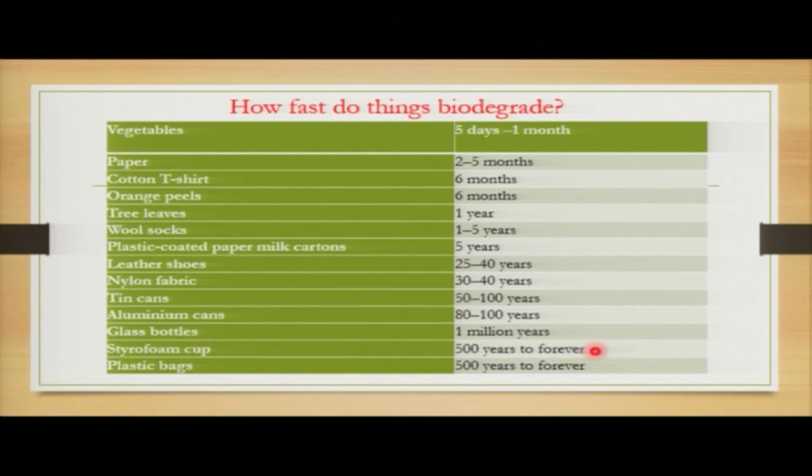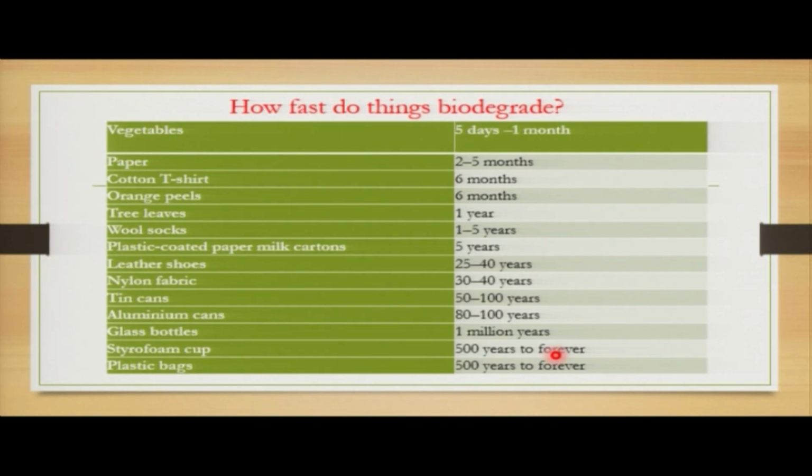Styrofoam cups, these styrofoam cups that we usually use for coffee. When you go to the restaurants, and they put coffee for you and you just say, I just want to go taking my coffee. These ones take 500 years.